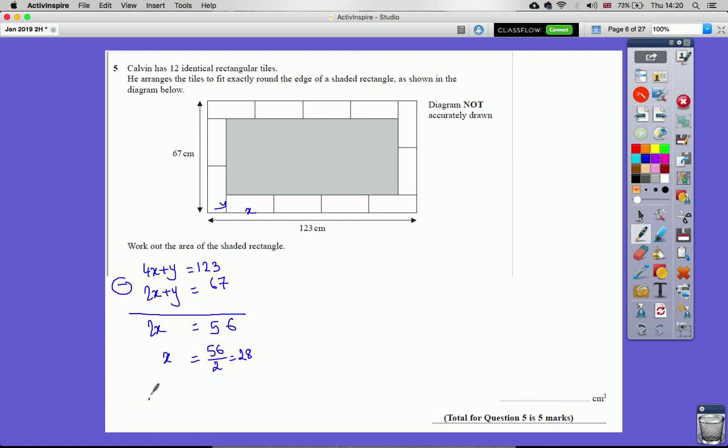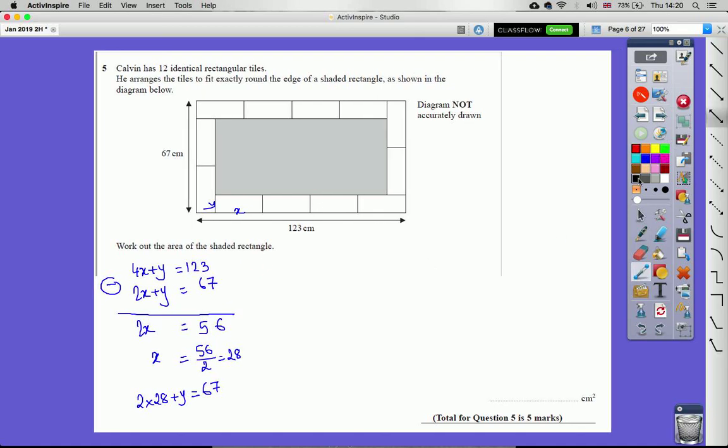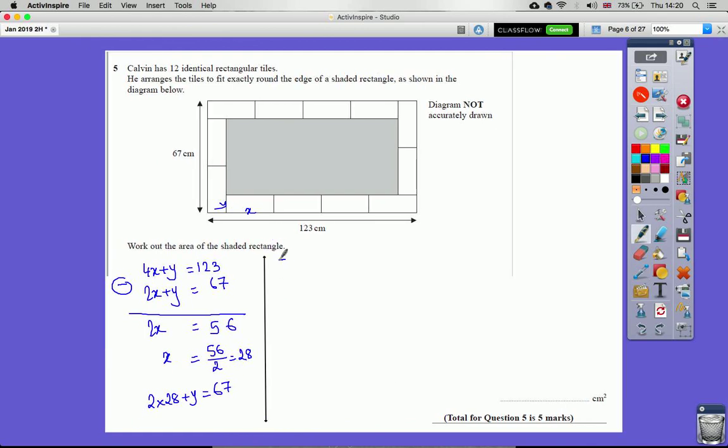So I do 2 times 28 plus y is equal to 67, or 56 plus y is 67. y will be 67 minus 56. y is equal to 11.